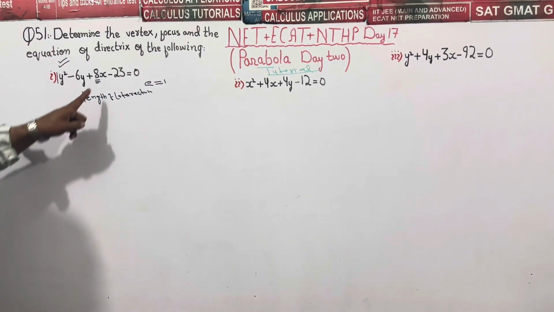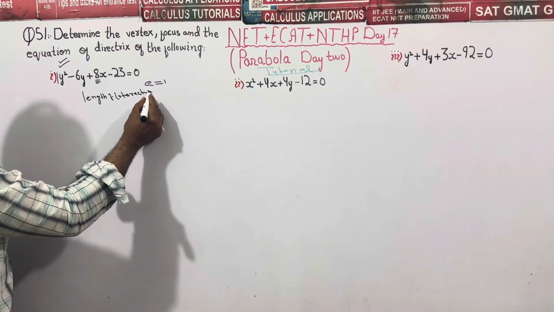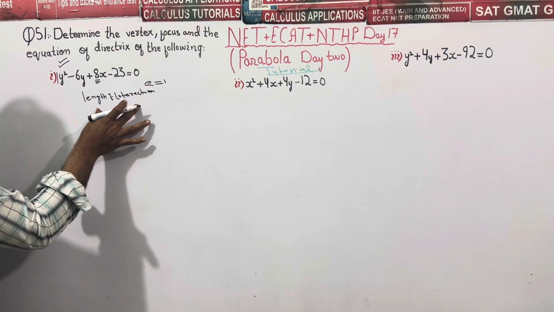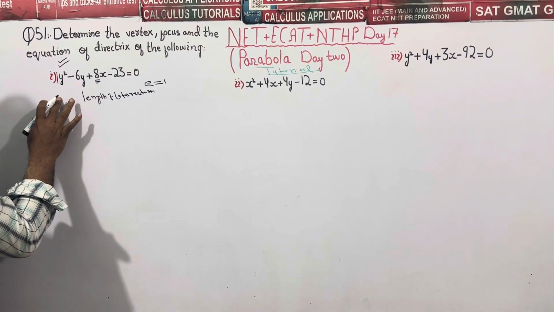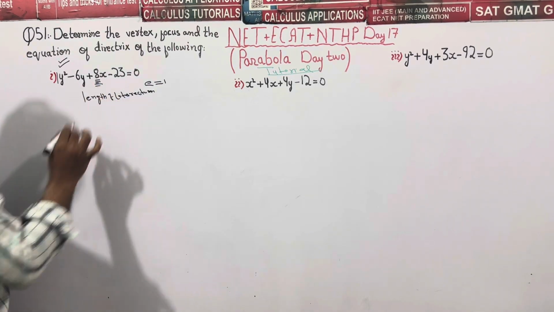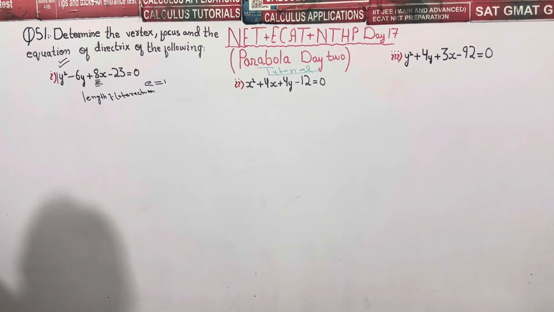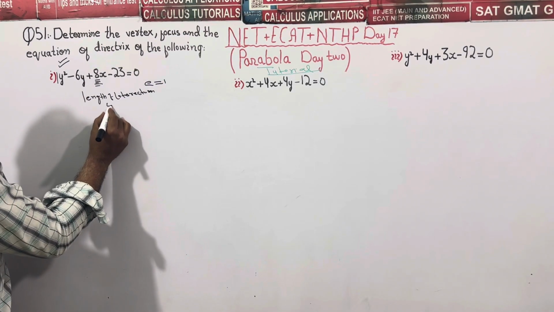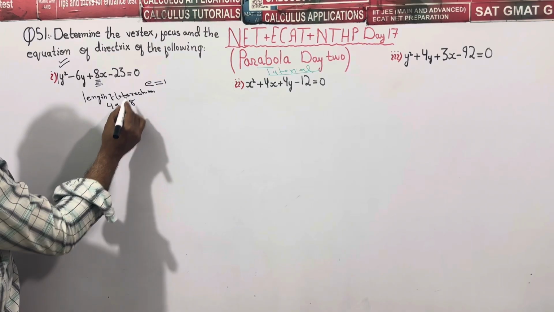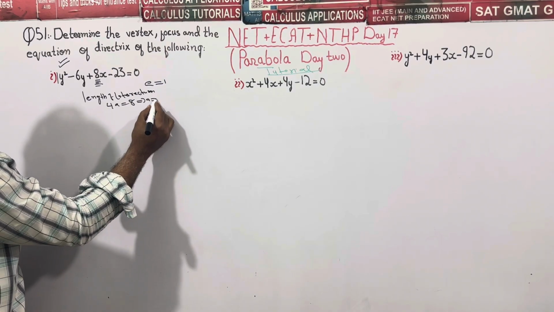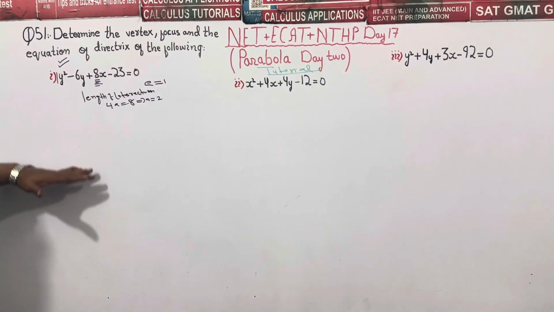However, if there is a minus present, we have to discard the minus so that the length is positive. It is the value of 4a. 4a is equal to 8. From this we can easily find a is equal to 2.